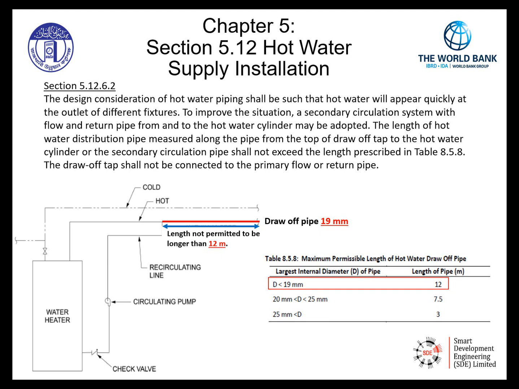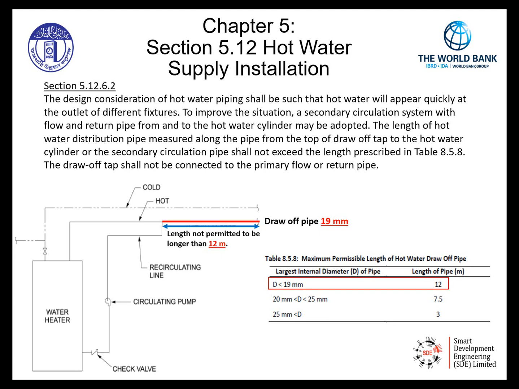The first column gives us the largest internal diameter of the pipe. We have a 19 millimeter pipe. The length of the pipe is not permitted to exceed 12 meters, as seen here.